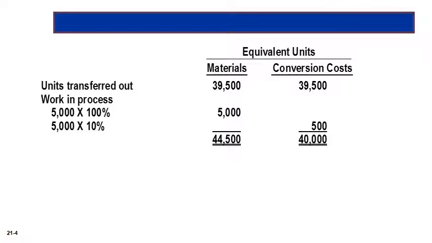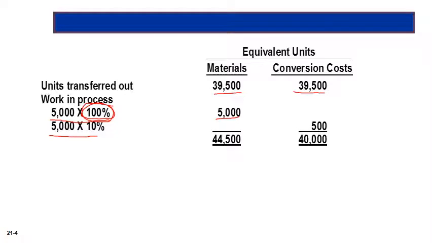So units transferred out, 39,500. They told us in the problem that the materials are put in place at the beginning of the process. So if materials are put in at the beginning of the process, it's 100%. So for your materials, they're 100%. They also told us that the units are 10% complete as to conversion costs.